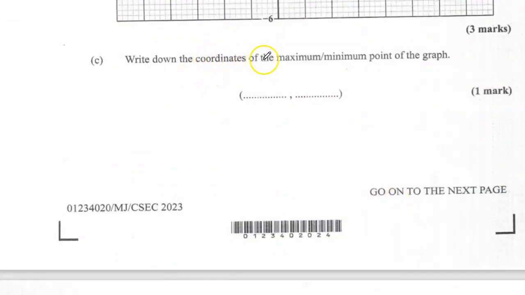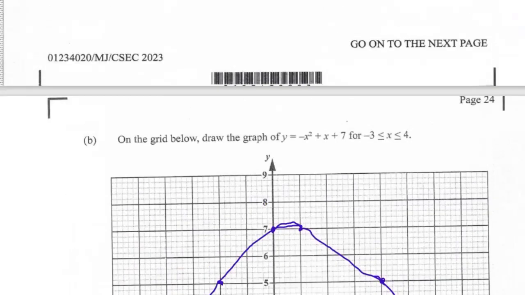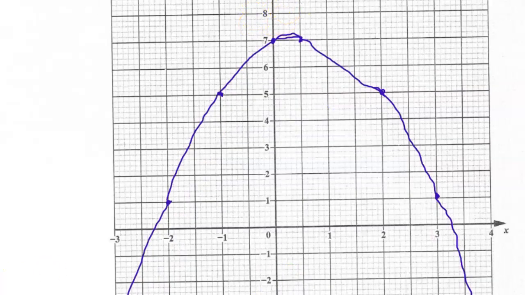Write down the coordinates of the maximum or minimum point. It's a maximum. I think I plotted the wrong point there. 17 is actually this point, so let me correct that.